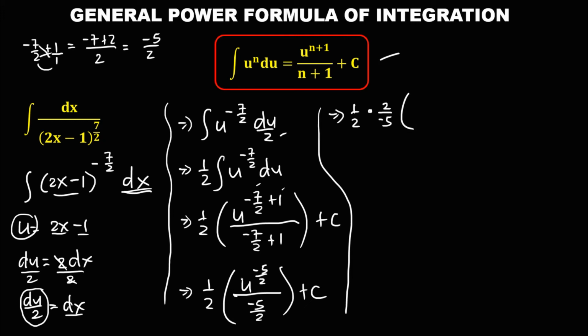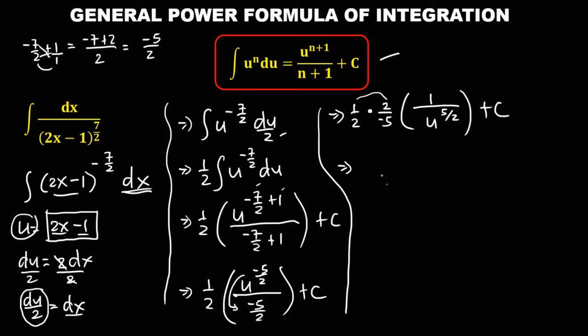To make this one positive, bring down. So this becomes 1 over u to the power positive 5 over 2, then plus c. Then substitute now the value of u, so we have 2x minus 1.